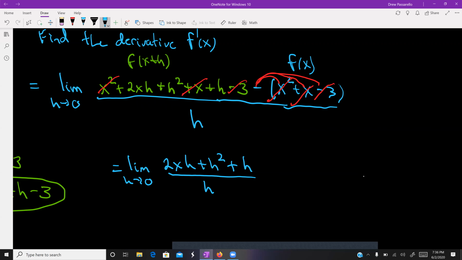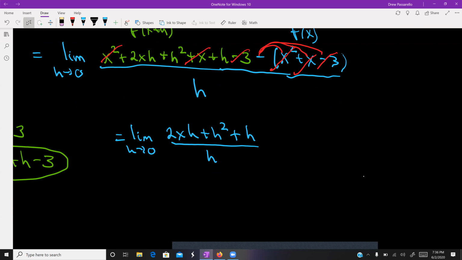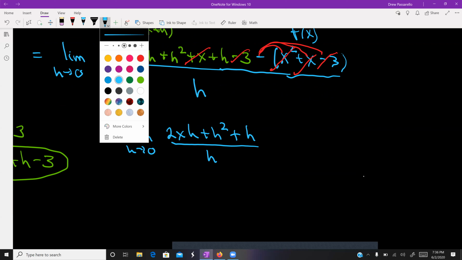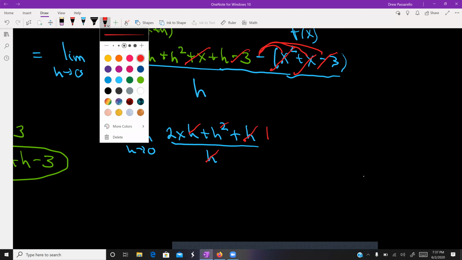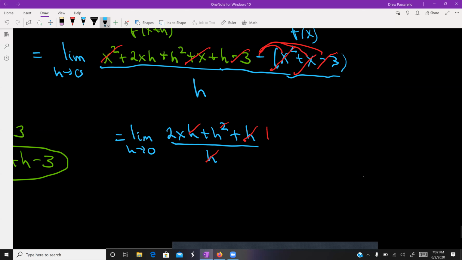All of these have the variable h, and h can be factored out. When it's factored out, you can divide the h out from all three terms and from the bottom. Now you've got to be careful, because if I cancel out from just plus h, there's really a 1 right there. So maybe I will work it all the way out.